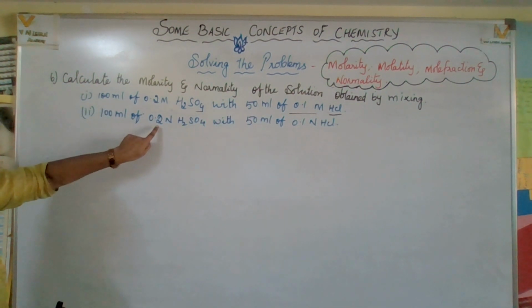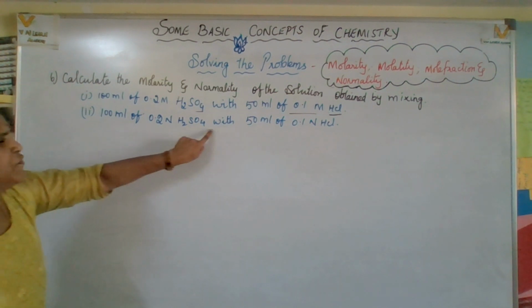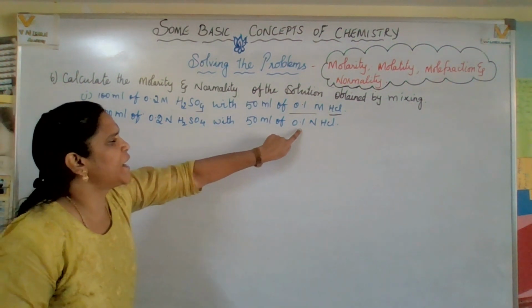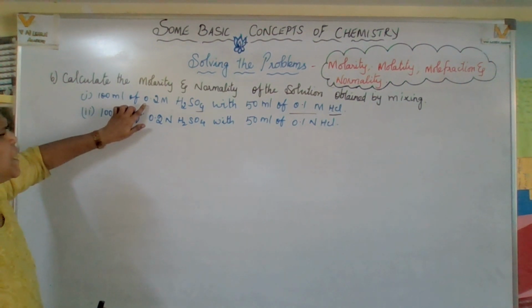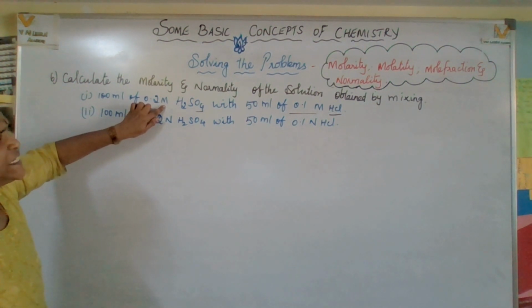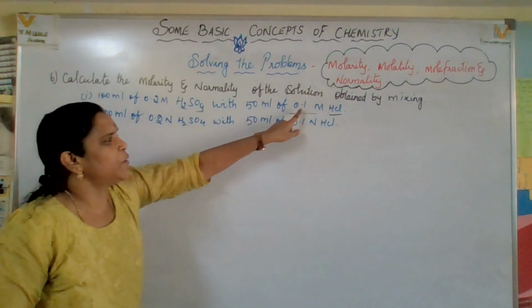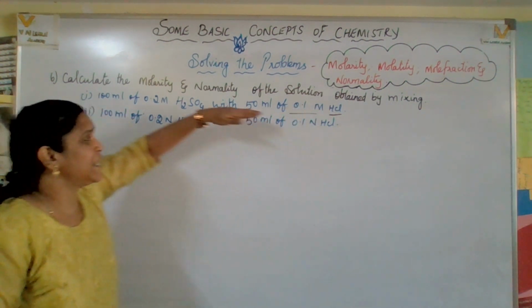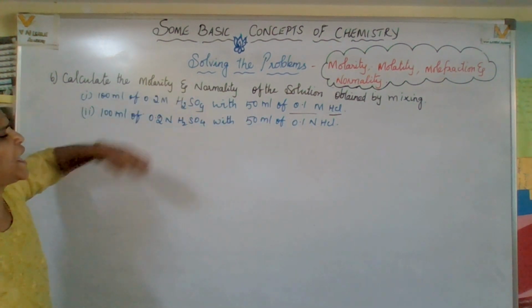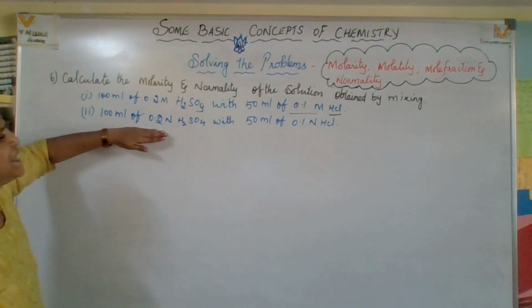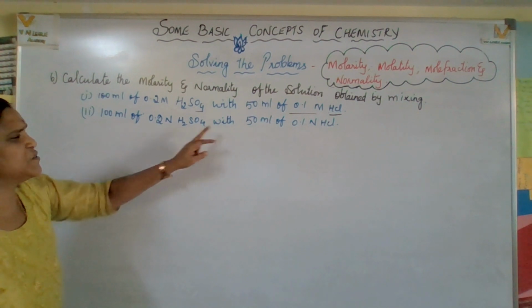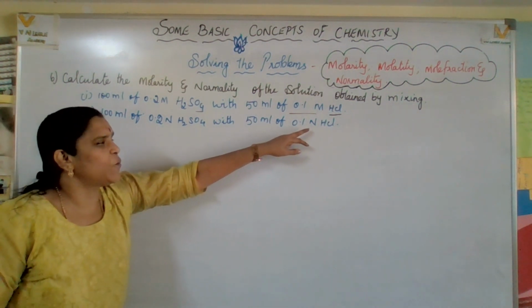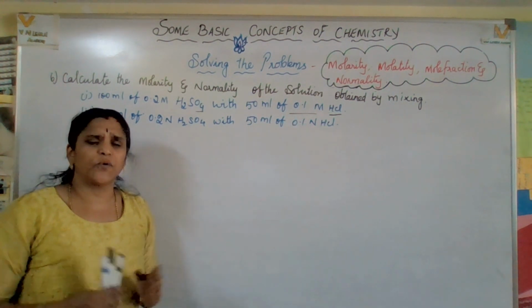100 ml of 0.2 N H2SO4 with 50 ml of 0.1 N HCl. What is the difference between these two? Here 0.2 M, that is molarity, and 0.1 M, that is also molarity. Now this is based on molarity, but here it is based on normality: 0.2 N H2SO4, 50 ml of 0.1 N HCl. How to calculate it?